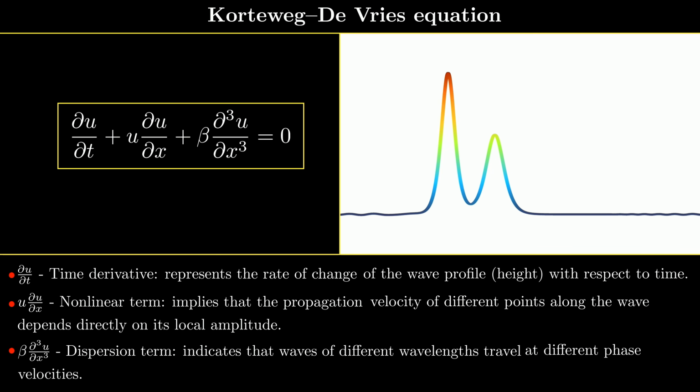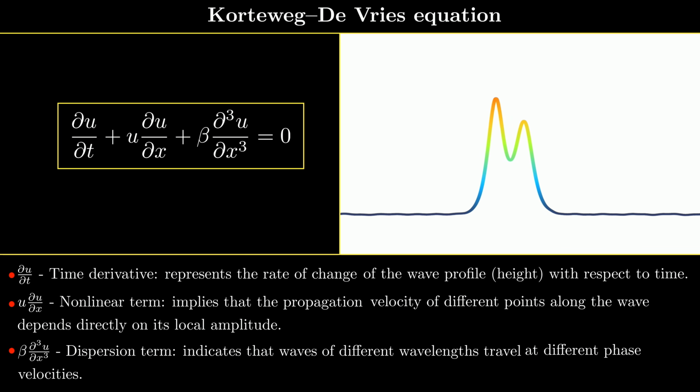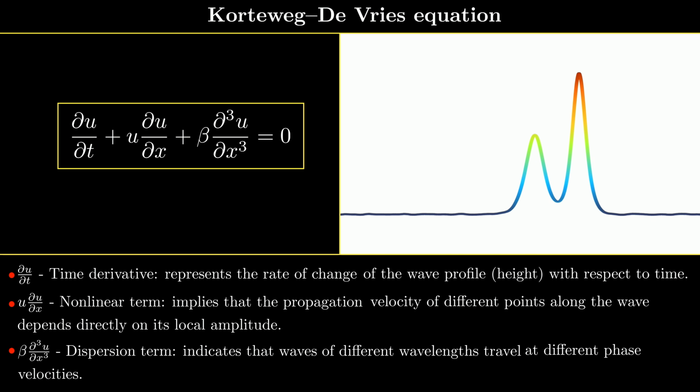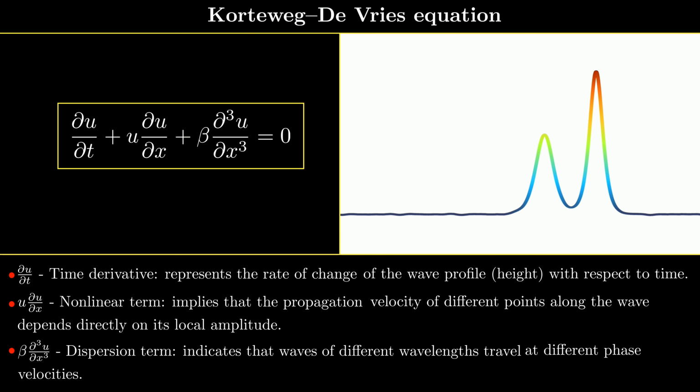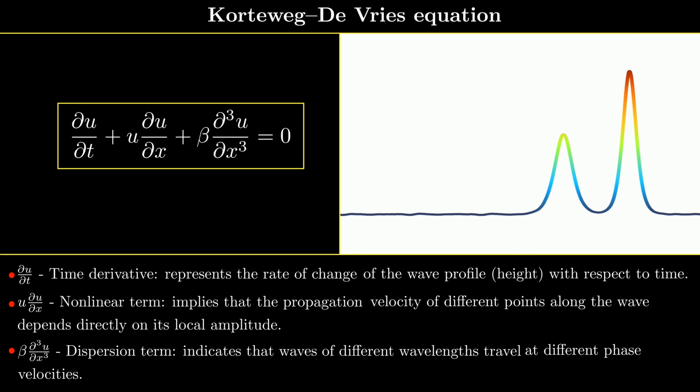Thus, the dynamics of the solutions to the KdV equation are determined by the interaction of two competing mechanisms. The nonlinear term promotes the concentration and steepening of the wave, while the dispersive term opposes this process, tending toward its spreading out.